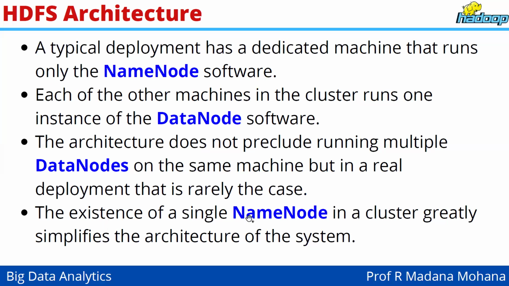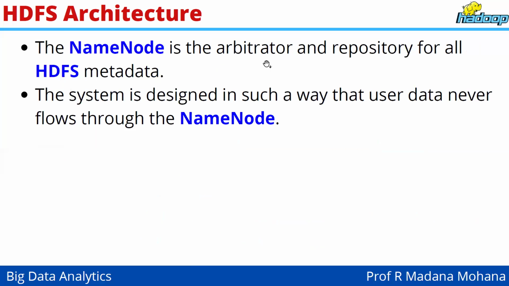The existence of a single name node in a cluster greatly simplifies the architecture of the system. The name node is the arbitrator and repository for all HDFS metadata. The system is designed in such a way that user data never flows through the name node.